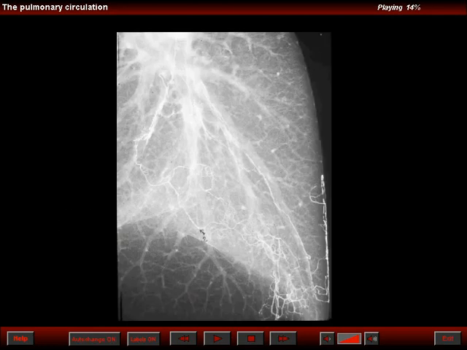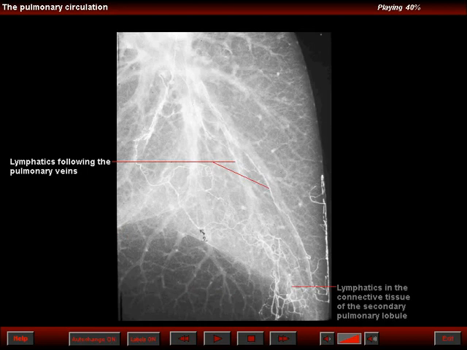Note another injection of the lymphatics and observe that some follow the pulmonary veins. They reside in the walls of the secondary lobule within the connective tissue that exists at that level.